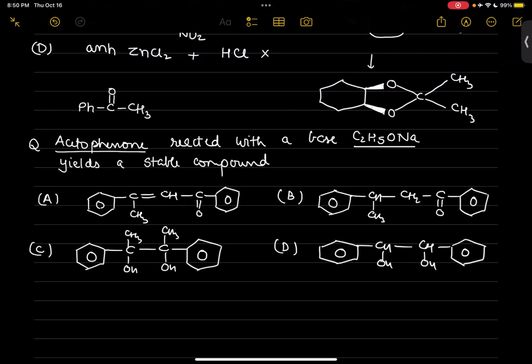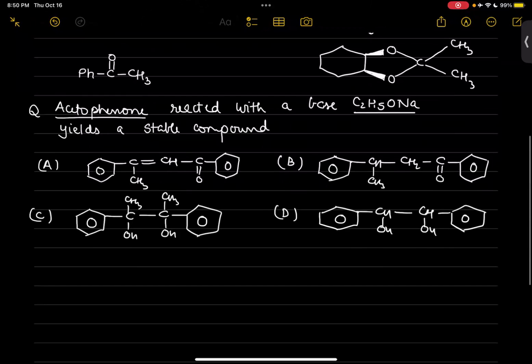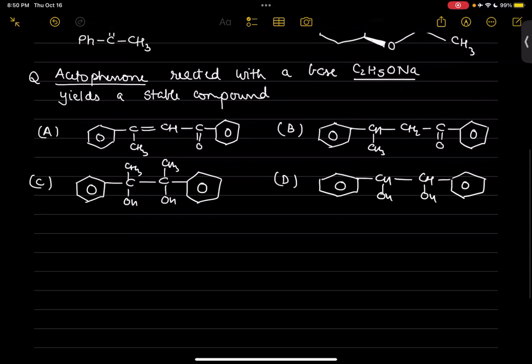When an aldehyde or ketone containing alpha hydrogen is treated with a base, which reaction is it? Yeah, it is the aldol condensation reaction. Got it? So this is acetophenone. Got it? And how are we going to write the product?